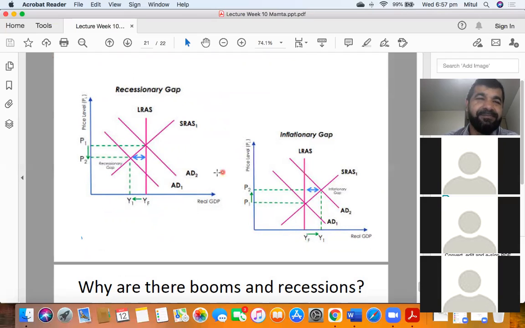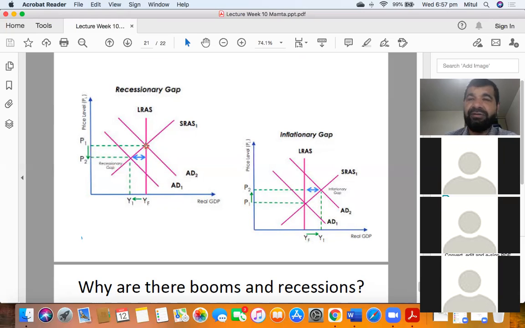So the price level. At the highest capacity, when the economy is at full capacity, the price is very high. That time you will see, because there is a recessionary gap, the price will fall down. You can see here the full capacity is in here.